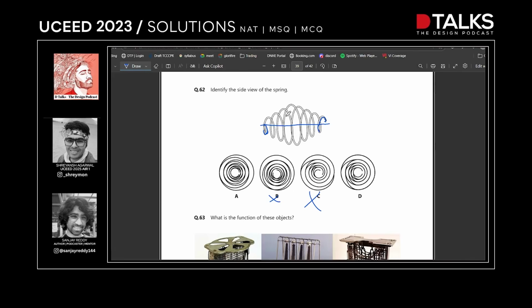Then if you see the outermost circle, there isn't exactly any touching, only one part is touching, and that's over here. Whatever can touch in the side view will be on the bottom side.